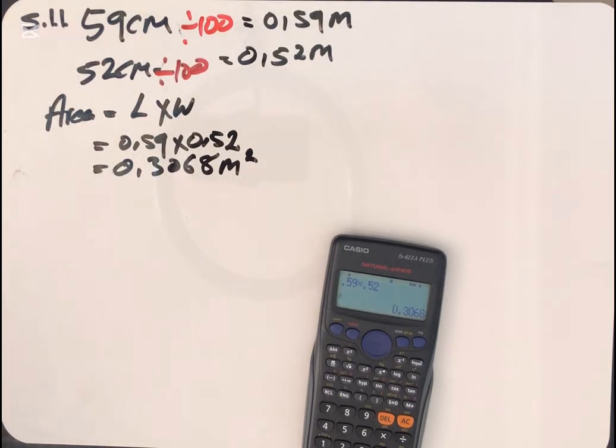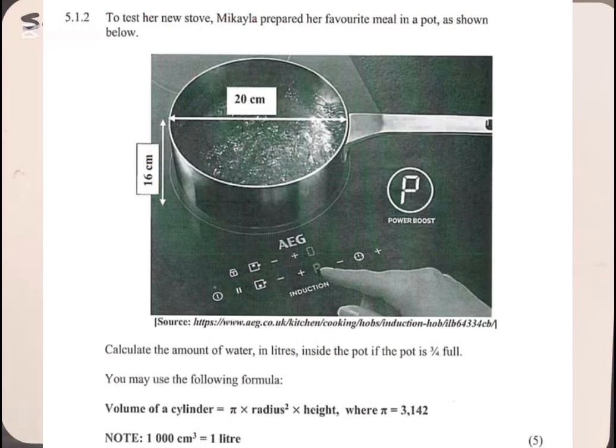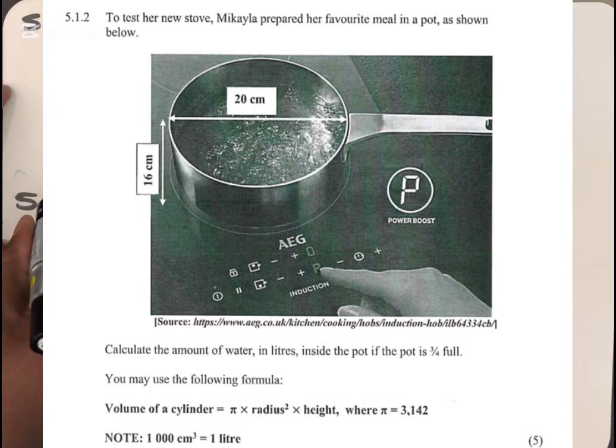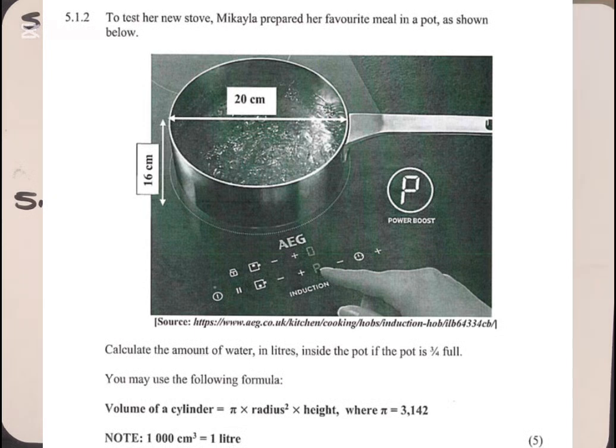And then moving to the next question. 5.1.2 says, to test her new stove, Michaela prepared her favorite meal in a pot as shown below. We can see that we have a diameter of 20 centimeters. The height of the pot is 16 centimeters.